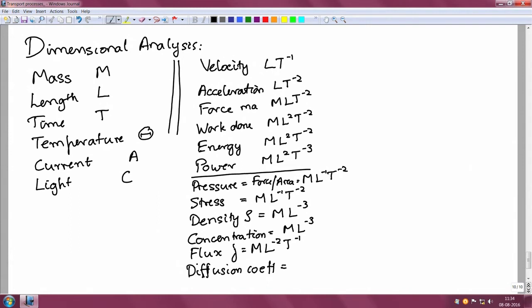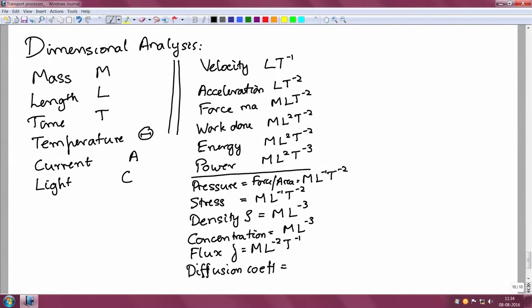For that, we have to use some relationship in which we know the dimensions of all quantities except for the diffusion coefficient. In this particular case, for mass transfer, that relationship is Fick's law of diffusion.